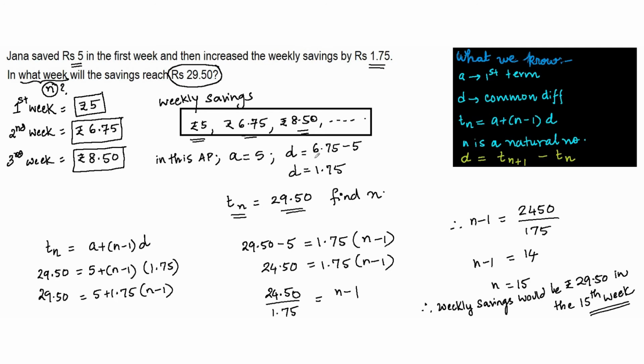Like we found A, then we found D, and we tried to understand what was 29.50 that happened to be Tn, and once we mapped everything to the conventions of arithmetic progressions, we were now able to find the required answer, right? So always try to convert a given statement or a given word problem into the parameters related to arithmetic progressions, and then we can easily solve the question.